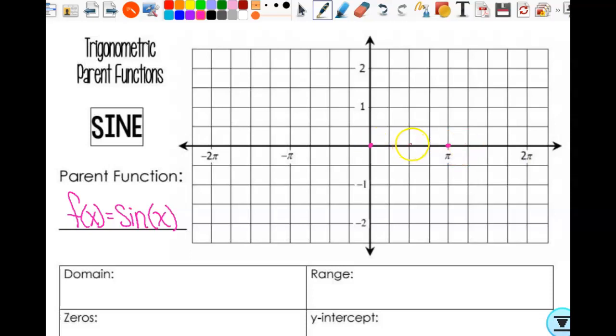What's the sine of pi halves? 1. Halfway between pi and 2 pi is 3 pi halves. What's the sine of 3 pi halves? Negative 1. What's the sine of 2 pi? 0, right?